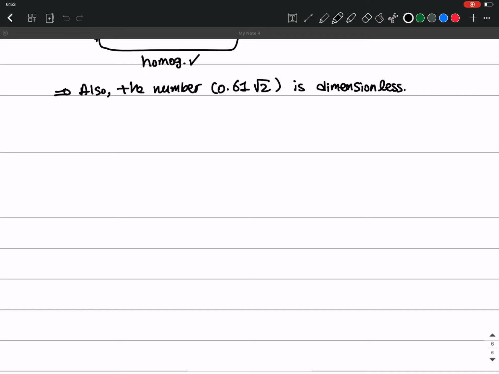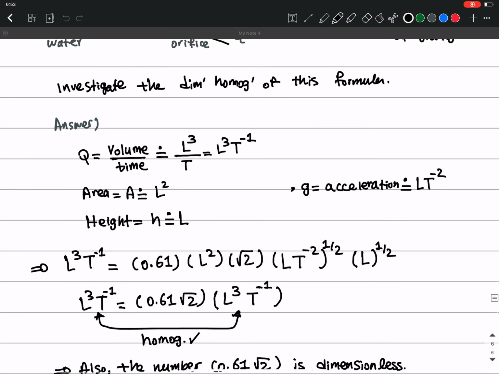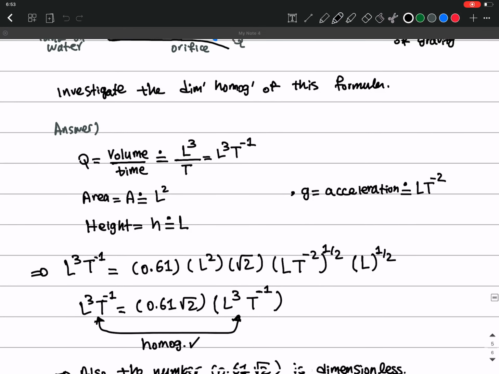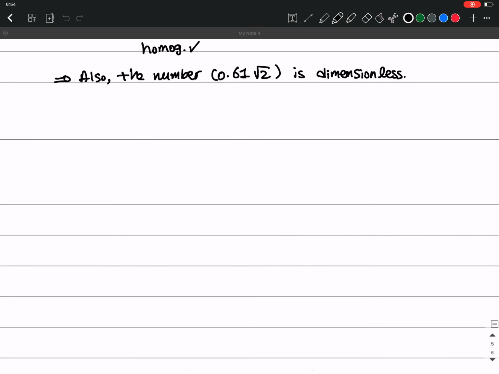To better understand this, I want to solve another example so you understand that numbers can also have dimension in any equation. It doesn't mean that because this is a number in an equation, it doesn't have any dimension. So it's very important to take these numbers into consideration.